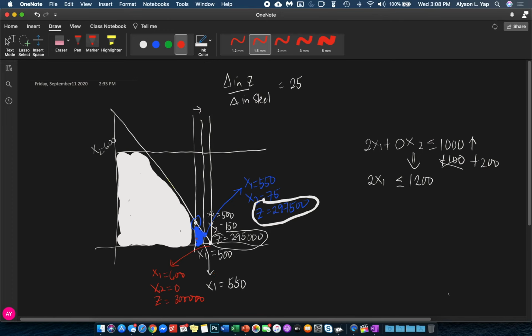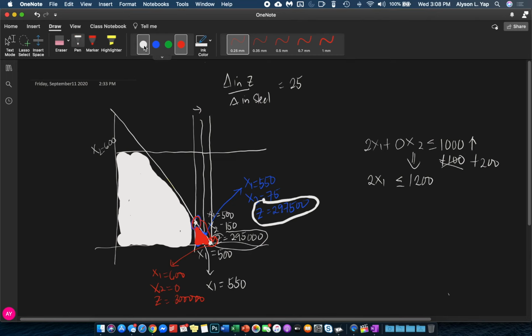And what feasible region did you just add? Technically, you're adding this part, and that is why from your original corner point, it actually moved to this corner point with a solution x1 equals 600, x2 equals 0, and z equals 300,000.